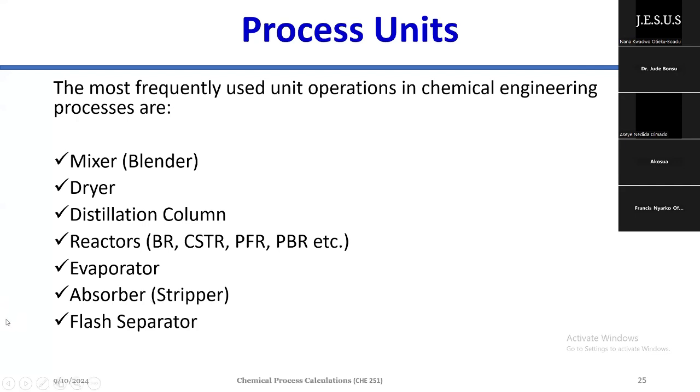So when you take something like a mixer, the mixer here becomes our process unit, which is the equipment. And what actually goes on in the mixer is mixing, or let's say blending, which is a unit operation. Do you get it? So that's the relationship between process units, unit operations, and unit processes. The process units are actually equipment.